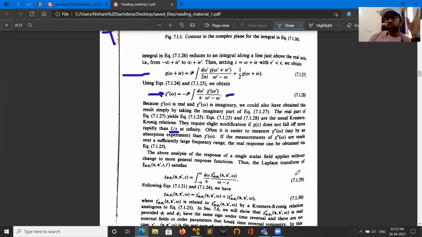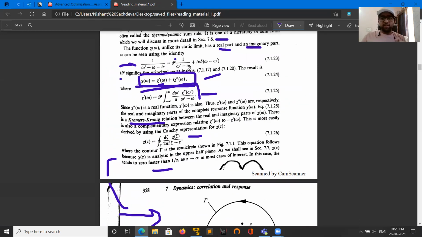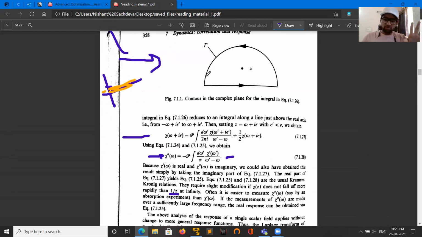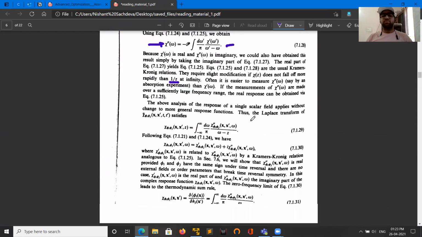Often it is easier to measure x double dash of omega, say over a sufficiently large frequency range. The real response function can then be obtained via 7.1.25. This is getting a bit convoluted, so we'll take it slowly. There's no hurry as such.